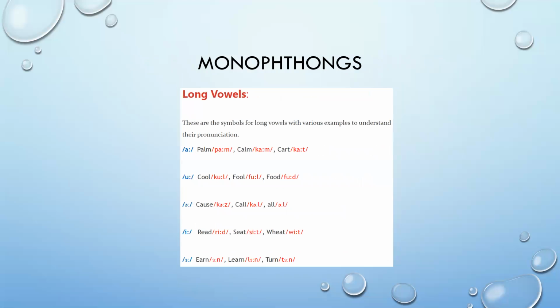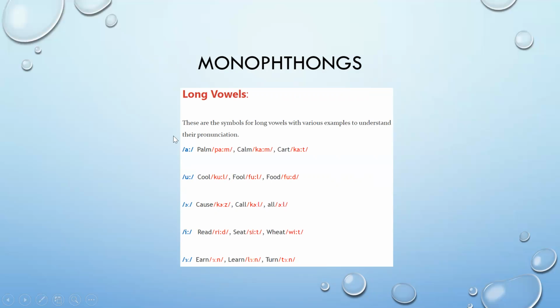These are the symbols for the long vowels under monophthongs. These are somewhat similar, right? You had the a symbol there, the u symbol there, somewhat like I, and then this is a reverse of e, right?